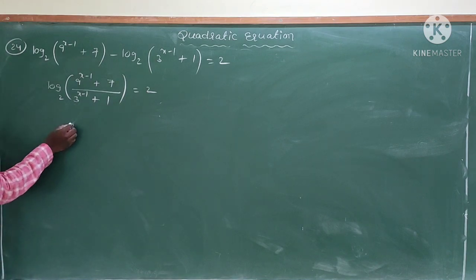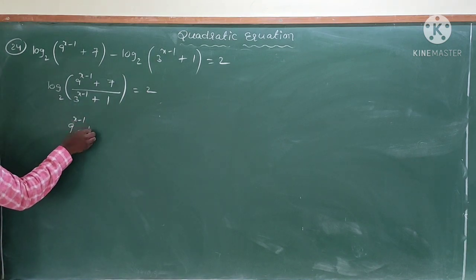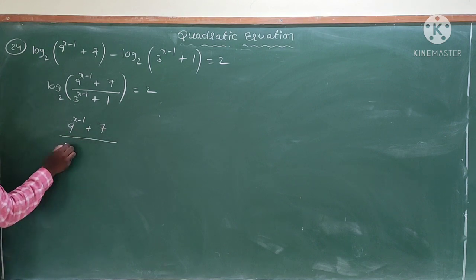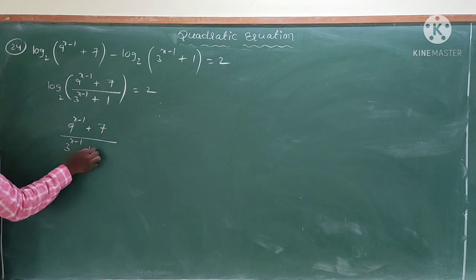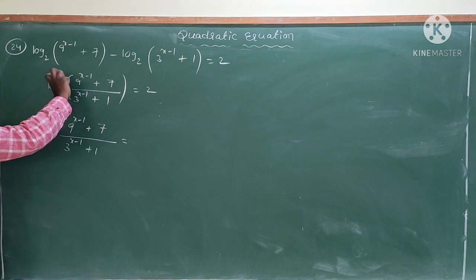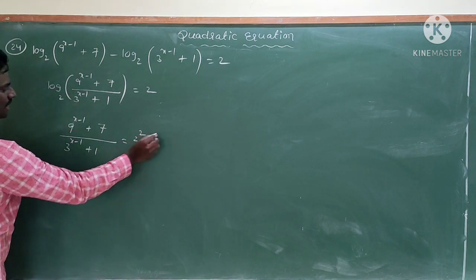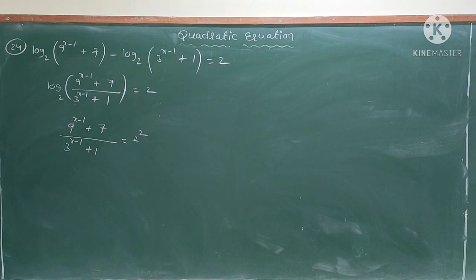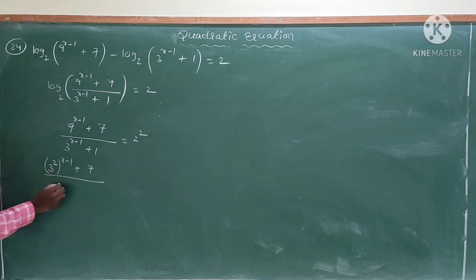Now it can be written as 9 power x minus 1 plus 7 by 3 power x minus 1 plus 1 equals, if this value goes to that side, becomes 2 square, and this 9 power x minus 1 can be written as 3 square whole power x minus 1 plus 7 by 3 power x minus 1 plus 1 is equal to 4.